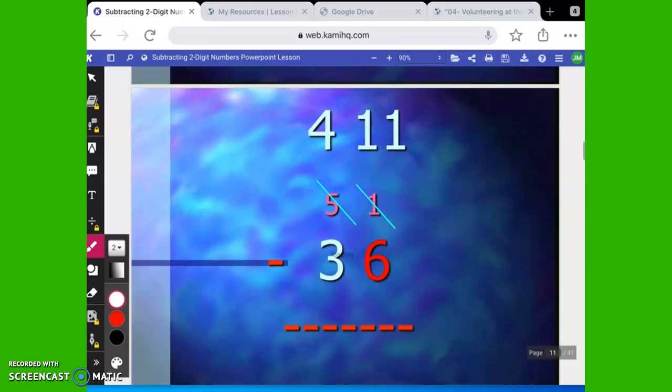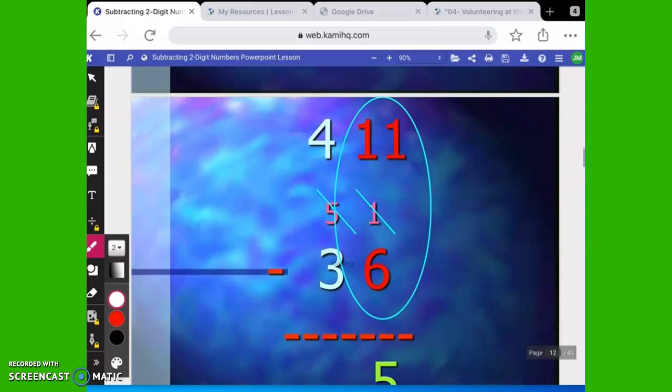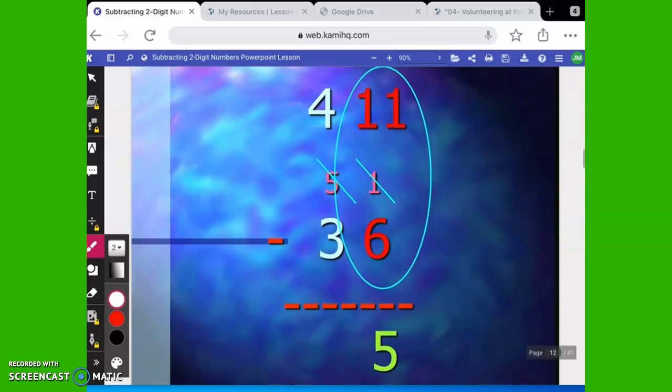So we're going to take that 1, mark through it, go next door to our neighbor and borrow from the tens place value, the 5. Once we borrow 1 from that 5, that's going to give us a 4. And then we're going to add that 1 over here to the other one to have 11. So now we can say 11 minus 6 is going to be 5.